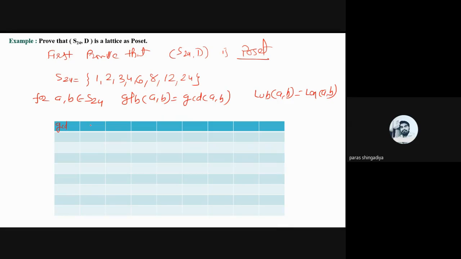Okay, numbers are 1, 2, 3, 4, 6, 8, 12, and 24. And here it is 1, 2, 3, 4, 6, 8, 12, and 24.